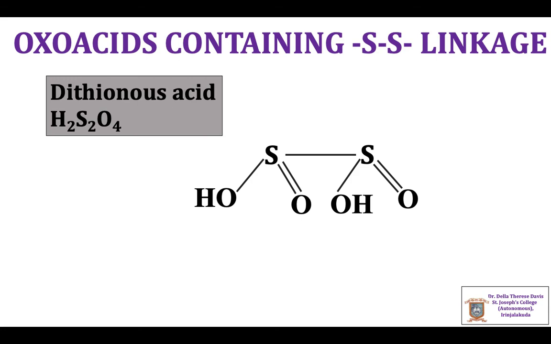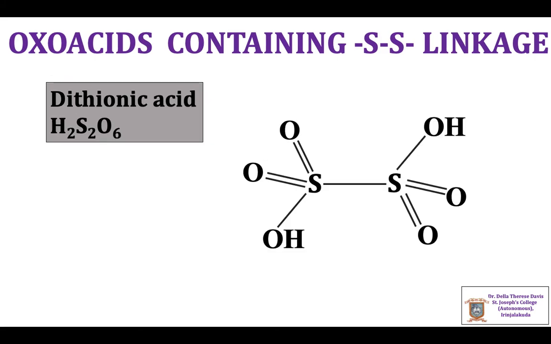There is a sulfur-sulfur linkage, and each sulfur atom is bonded to an oxygen atom by a double bond and an OH group by single bond. Dithionic acid is H2S2O6. There is a central S-S linkage, and each sulfur atom is bonded to two oxygens by double bonds and one OH group.